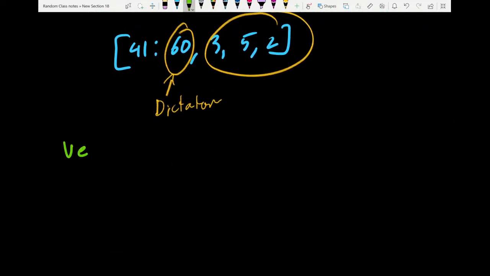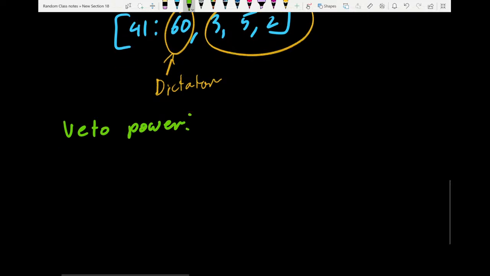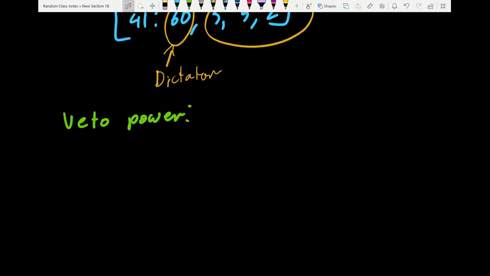Veto power. It's not like the presidential veto power. It's just when you have a party system where, if one party doesn't agree to it, then the whole system falls apart.